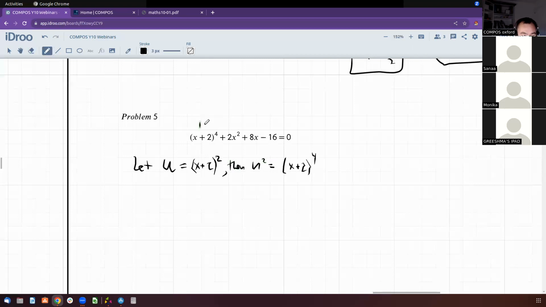So that is u to the power 4. Yeah, that's true. But what is this? What is this monster? Well, actually, if you think about it, if you take the 2 out, you can complete the square. You need to complete the square here.